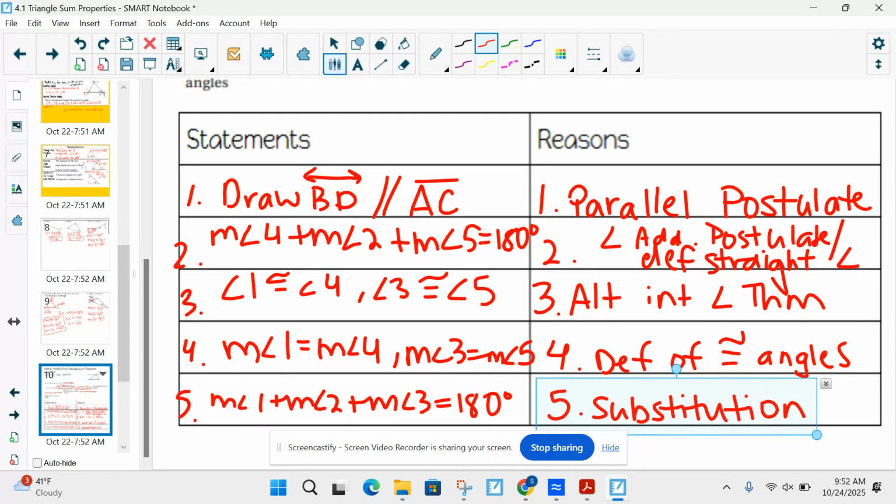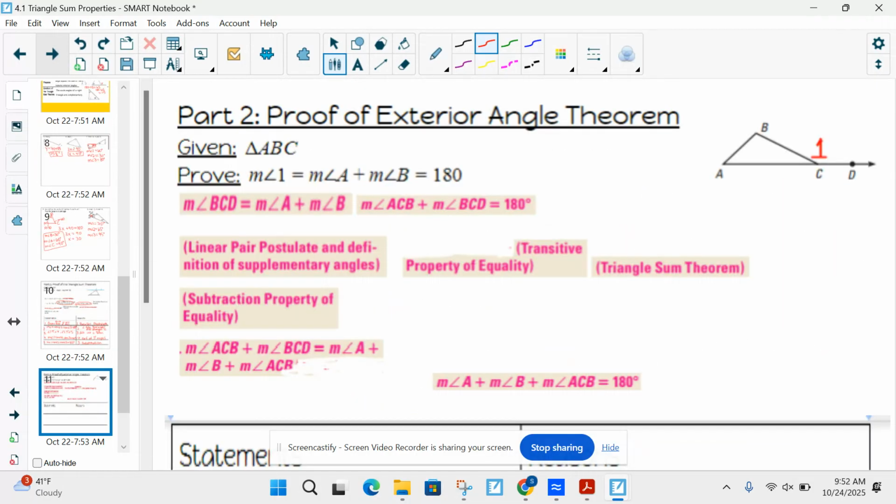And then on the next page, we have another proof here. It says, given another triangle, we're going to prove the triangle exterior angle theorem.